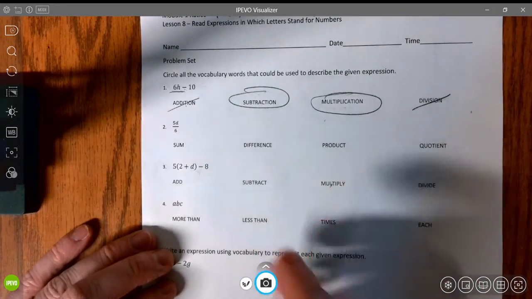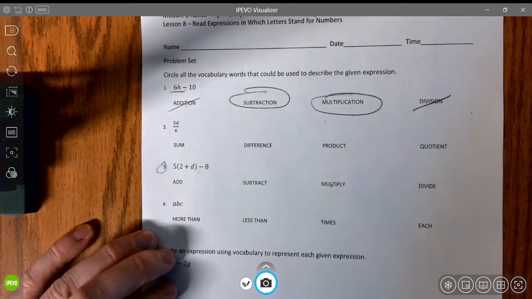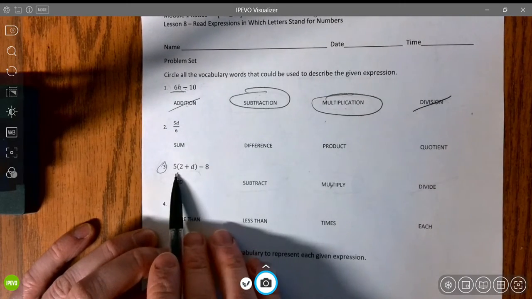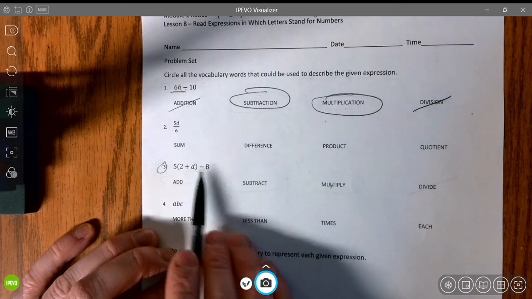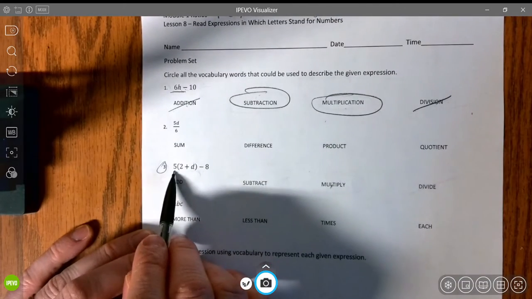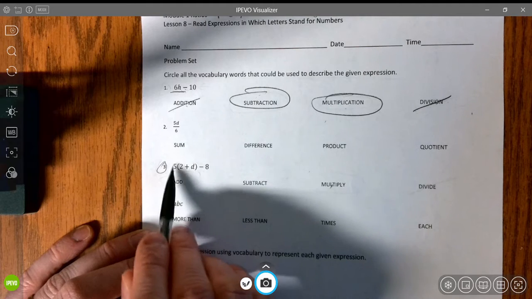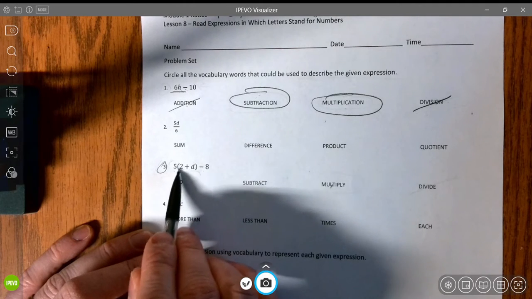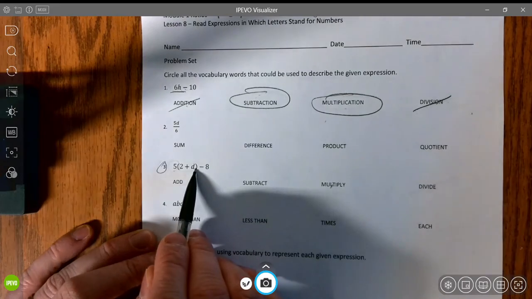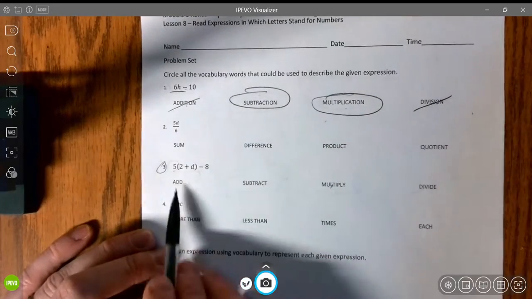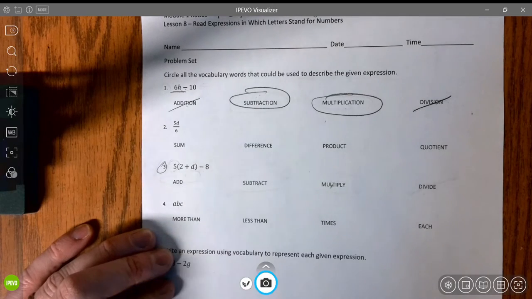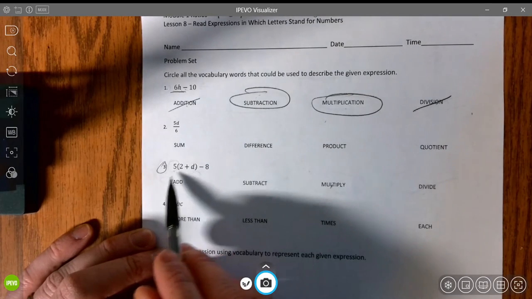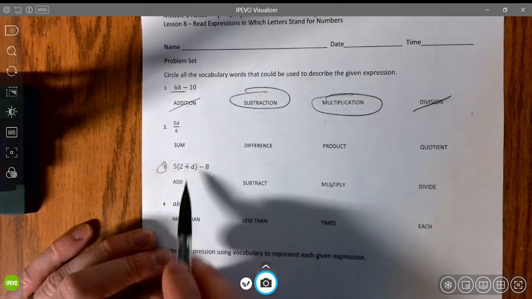All right, let's take a look at number 3 here. 5 times the quantity 2 plus d, minus 8. Remember, if I have a number next to parentheses like this, it means this number is being multiplied to both of the terms inside of the parentheses. So let's go through our list and see which of these words can be used to describe this expression. Do I have addition? I sure do.